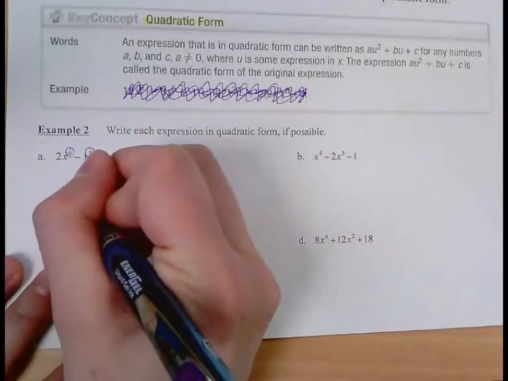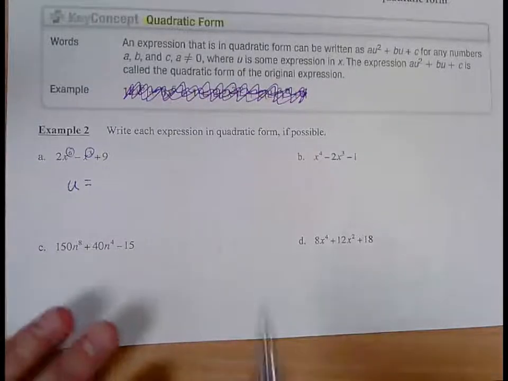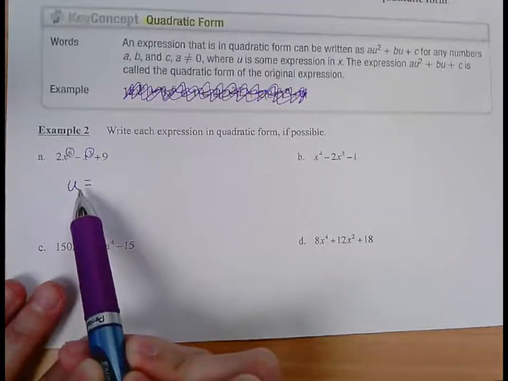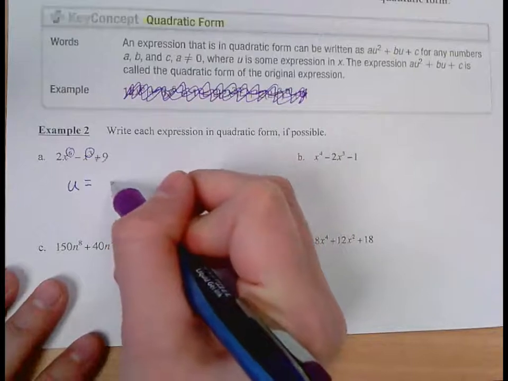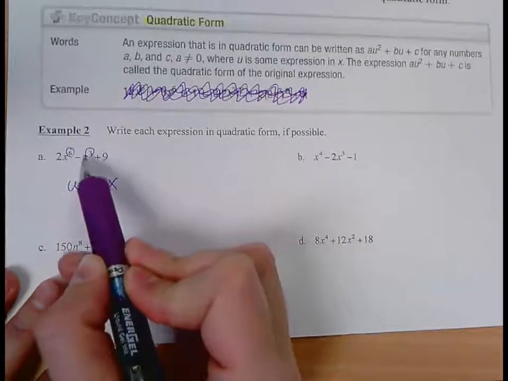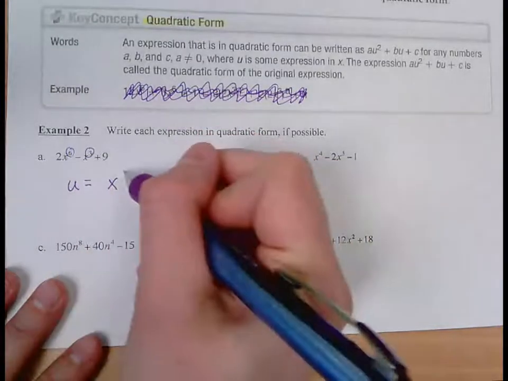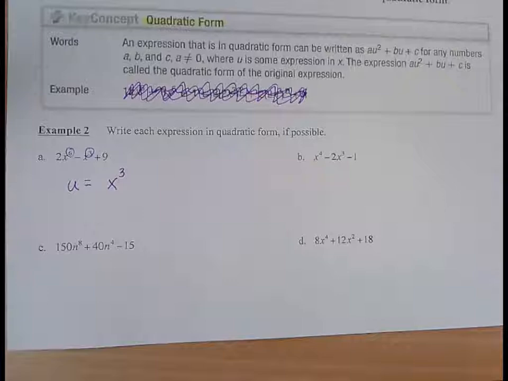Then I have to determine what I'm going to let u equal. And u is always going to include x to a power, and the power on x comes from whatever the middle term is. Since the middle term includes x cubed, I know my u is going to include x cubed.